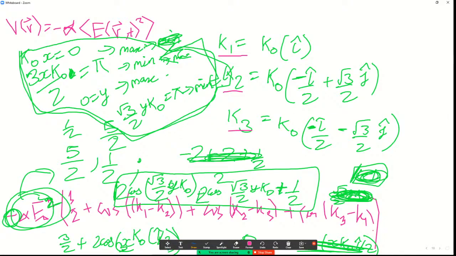So x should be a multiple of 4 pi by 3. X here is a multiple of 4n pi by 3, and y here is a multiple of 4 pi n over root 3.